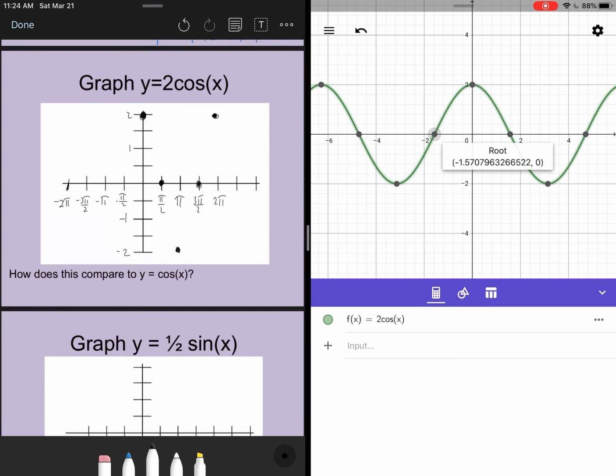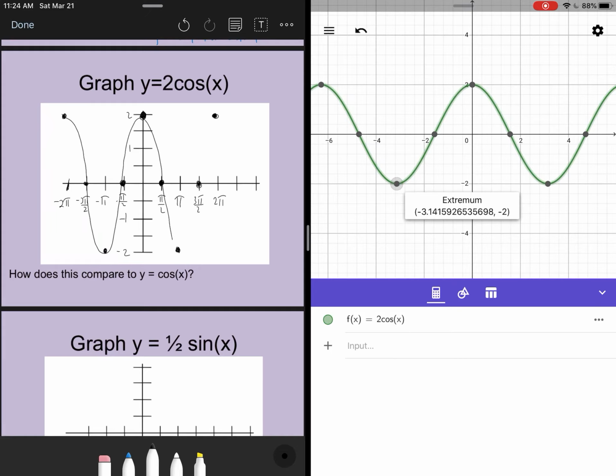Okay, and again, we're going to go in the same direction, just back the other way. -pi over 2 is going to be at 0. Negative pi is going to be at -2. -3 pi over 2 is going to be at 0. And -2 pi is going to be at +2. And we're just going to connect those. Okay, and that's what it should look like.